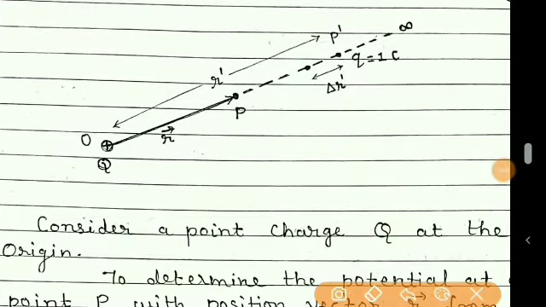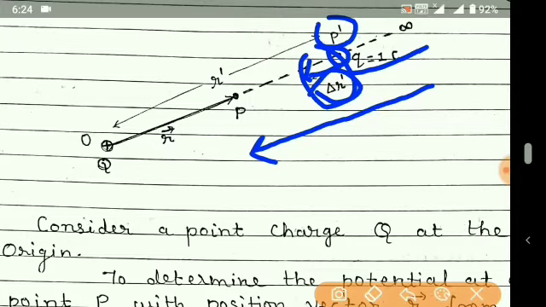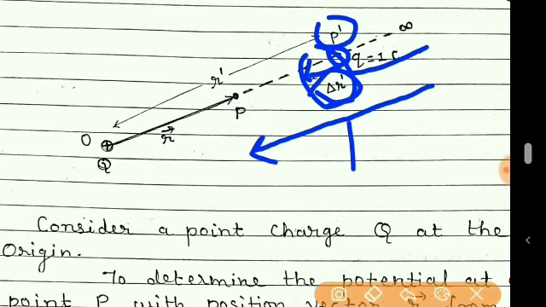Now when this charge is displaced from infinity, let us consider that it reached point P dash, and after that it is displaced by a very small displacement delta r. Actually it is moving with a constant velocity towards P. So here we have considered an intermediate position at point P dash, and a small displacement delta r dash.